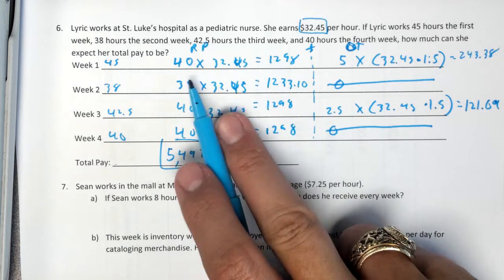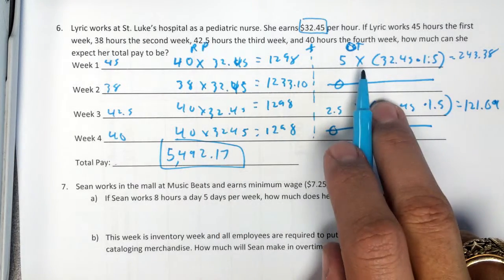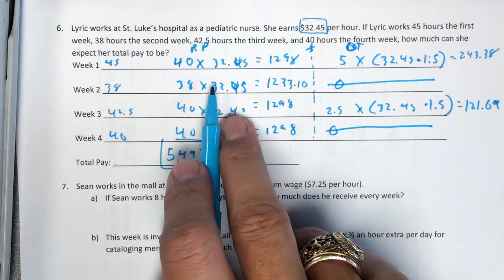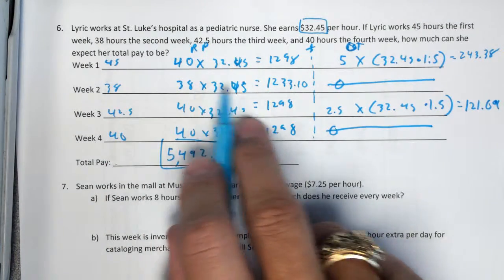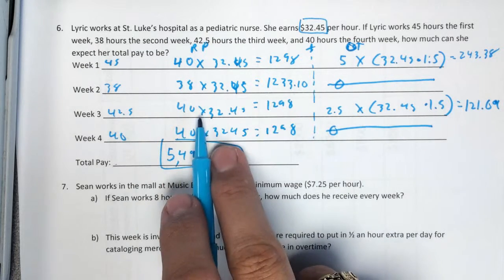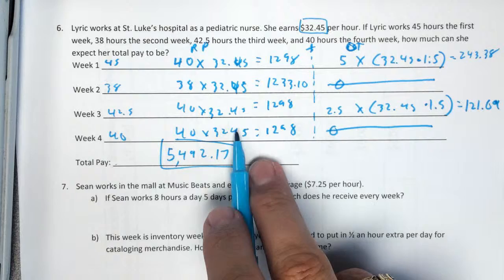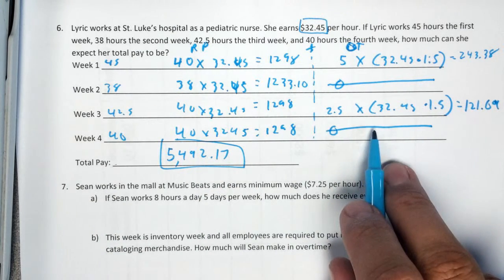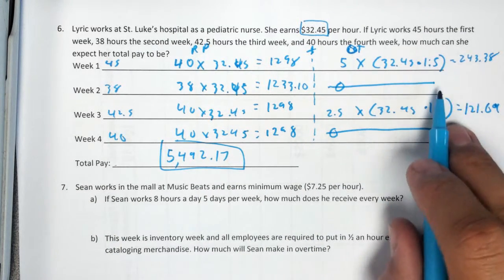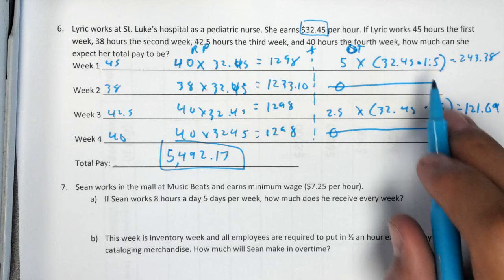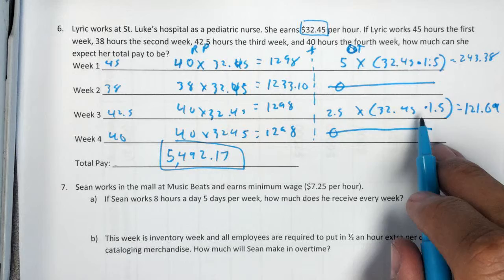We had 45 hours, which means 40 regular hours, 5 overtime. Week 2, we didn't work a lot. We didn't even hit our normal work week. Week 3, 42.5, worked 2.5 over. And week 4, we worked exactly 40 hours, no overtime. When there is overtime, we have to add that overtime in separately and calculate it separately because it has a different rate.